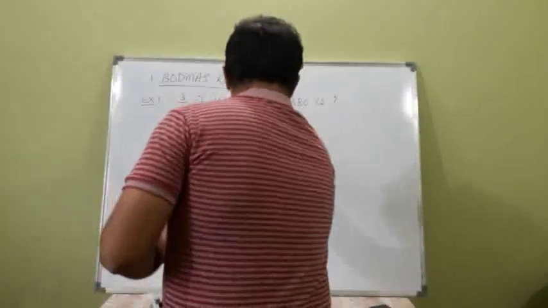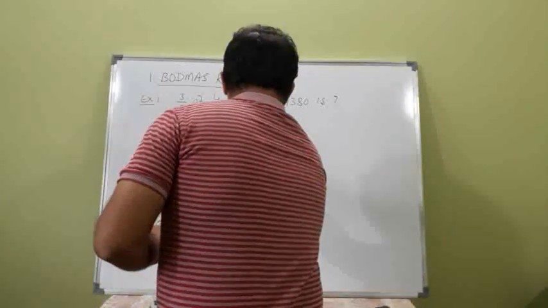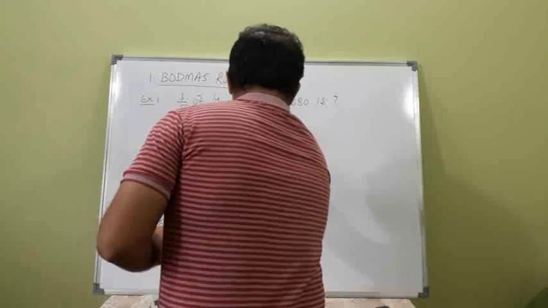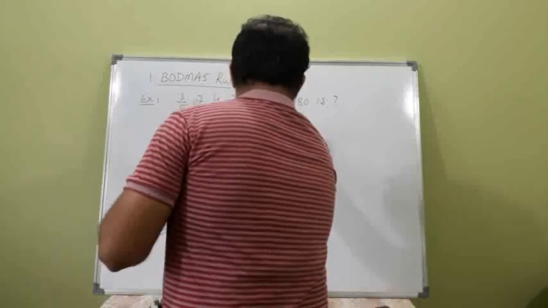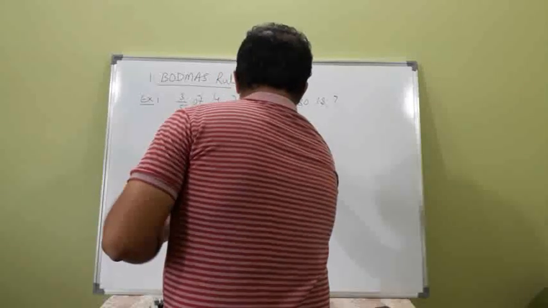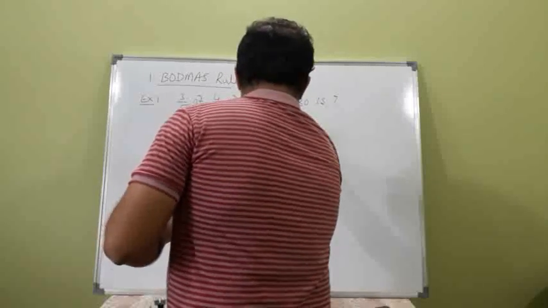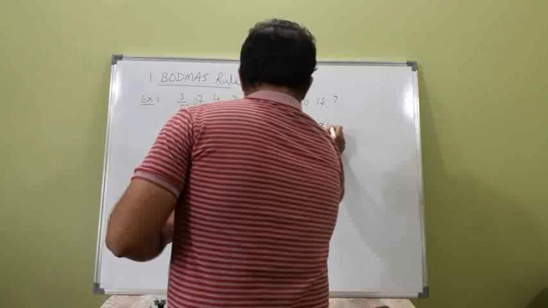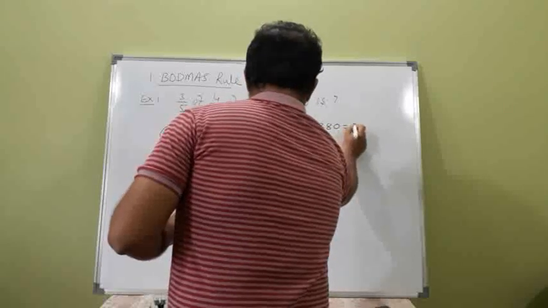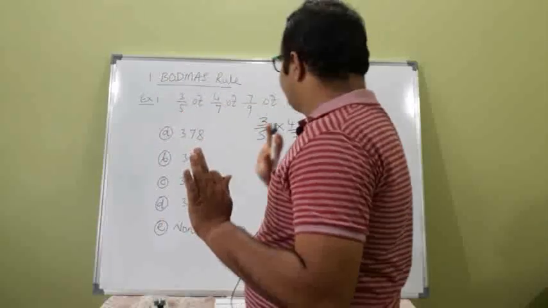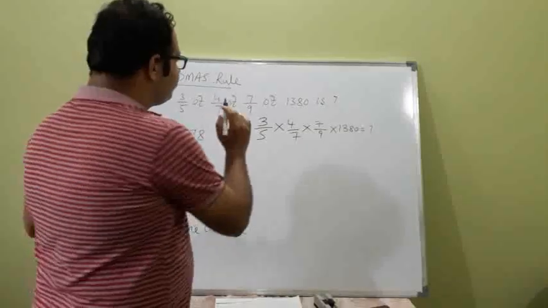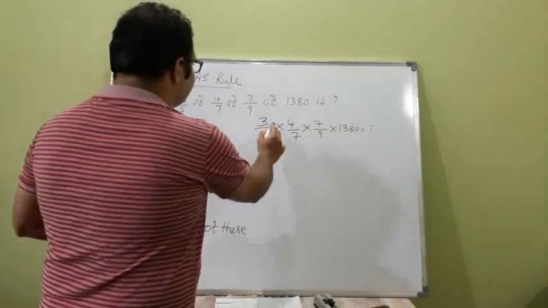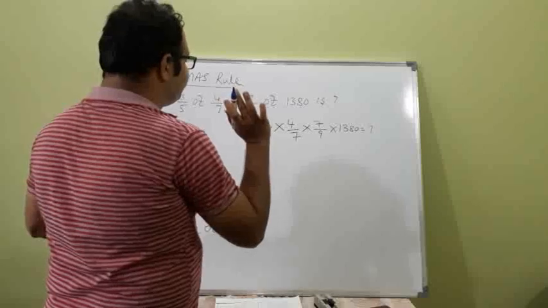Let's solve the problem. 3 by 5 of means into, or multiplication symbol. 4 by 7, again of means into. So of means multiplication symbol.